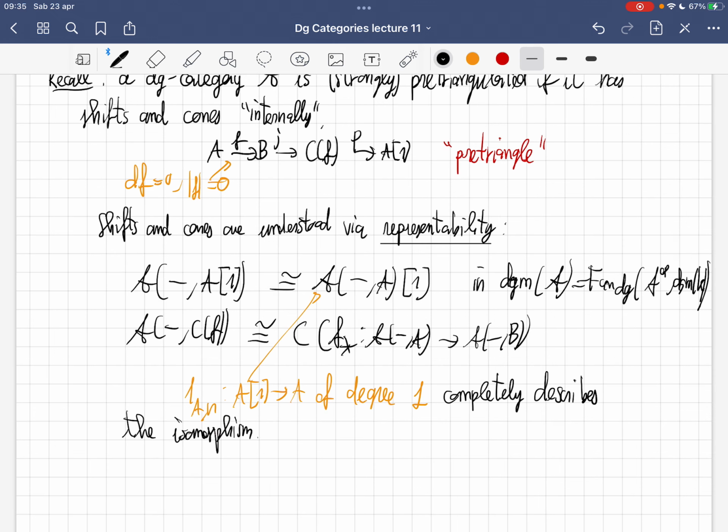So you should know that you can express this isomorphism alternatively in terms of this element, for example, for the shift, but also for the cone. You have a pair of morphisms from the cone to this and to this, and then you have these elements and a universal property. If you want, I can say this via a universal property. And this we discussed last time.